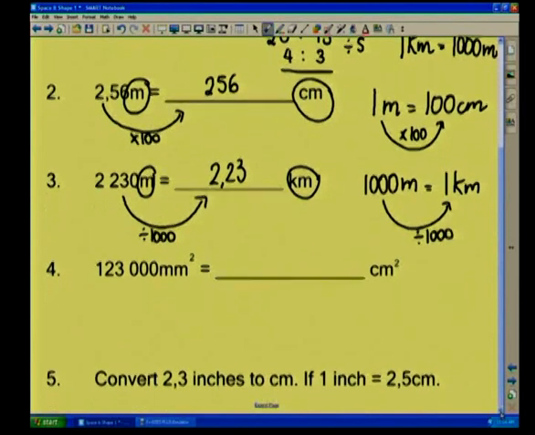Right, the next one is where we really need to be careful. Remember, when I've got meters or centimeters or millimeters squared, I need to make sure that I've actually used the correct information.